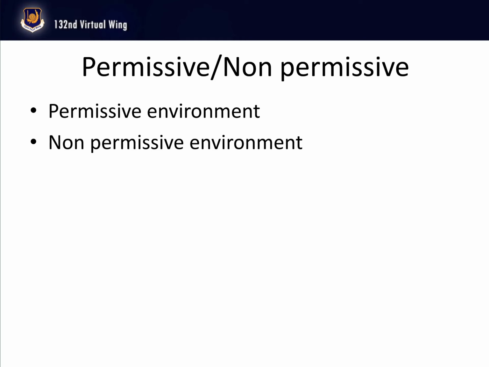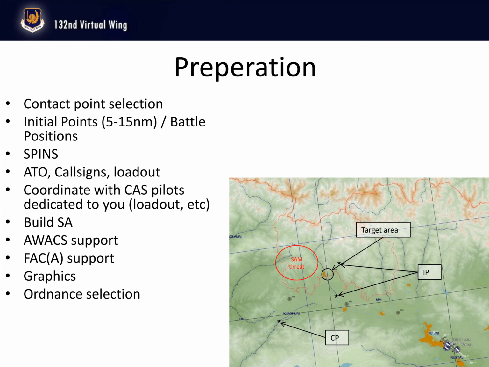Okay, preparation on slide 6. Basically in the AO, the area of operation, we have the CP, which is the contact point. This is where we fly from. This is where we start. From there, you try to make contact with the JTAC. After you make contact, the JTAC will give the traffic airspace update, the AO update, will take the check-in, and then will push you to an IP, or initial point.